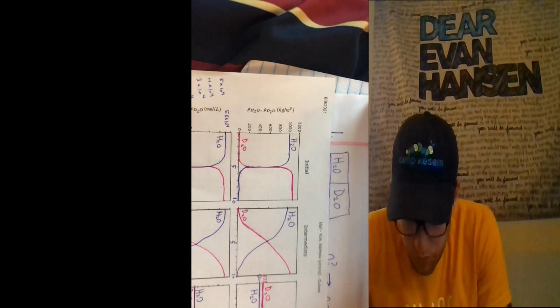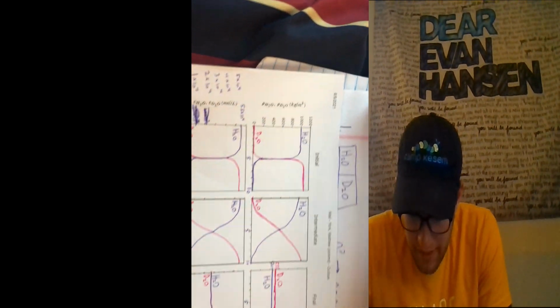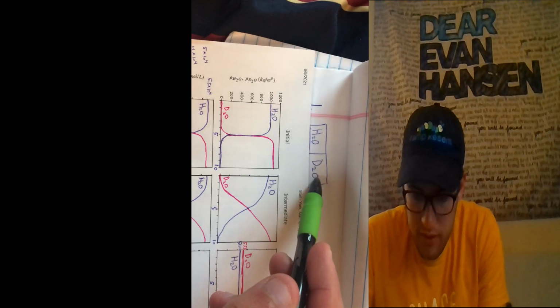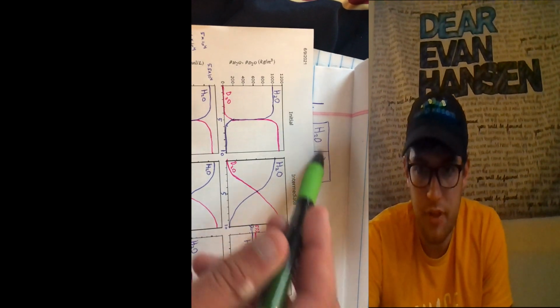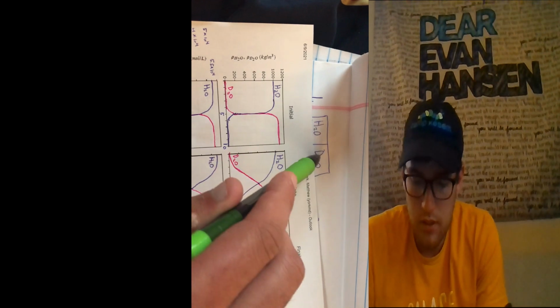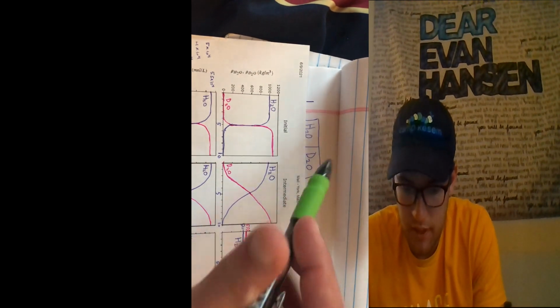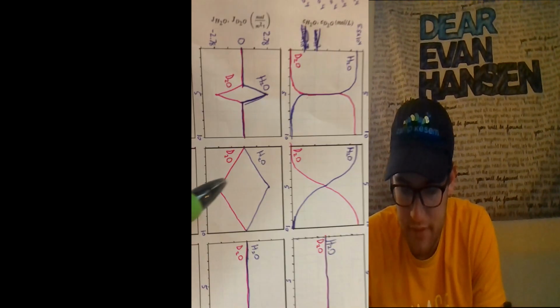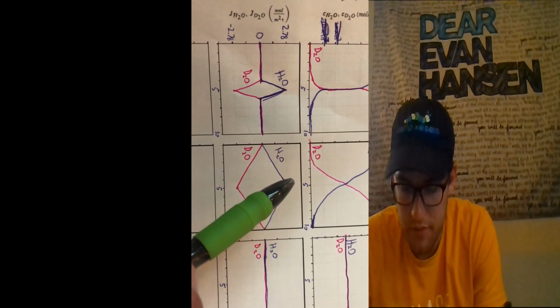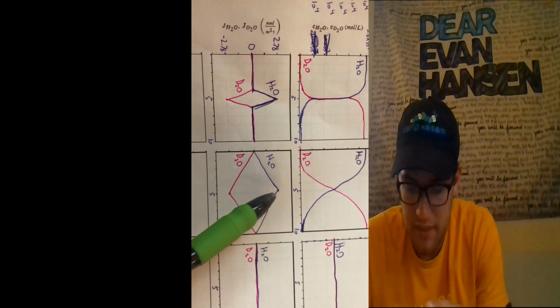Now going on to the intermediate phase, we know that more of the deuterium is going to diffuse in the middle over here. There's going to be more deuterium diffused, and there's going to be more water diffused over here, and there'll be less on their respective outsides.